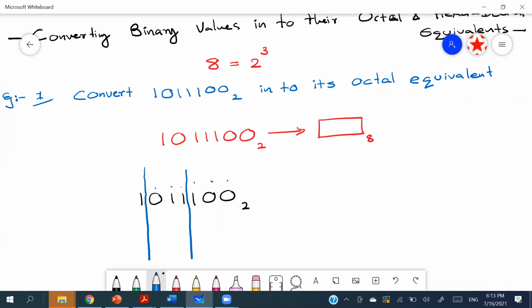If you consider from your right hand side, the leftmost group has only 1 character. If this is the first group, this is the second group, and this is the third group, the very last group contains only 1 character.